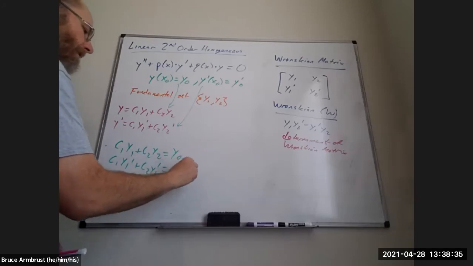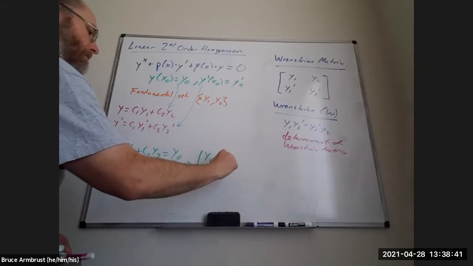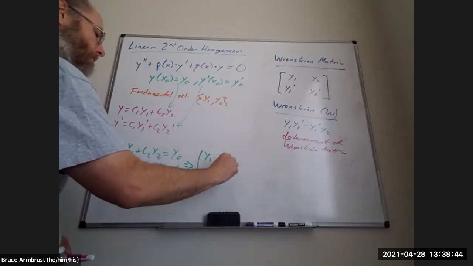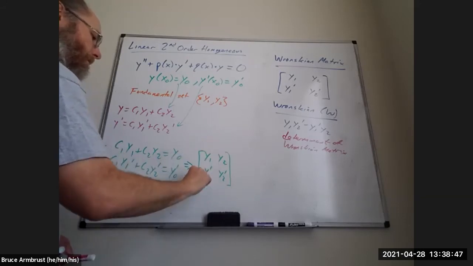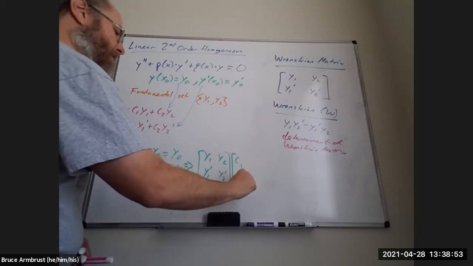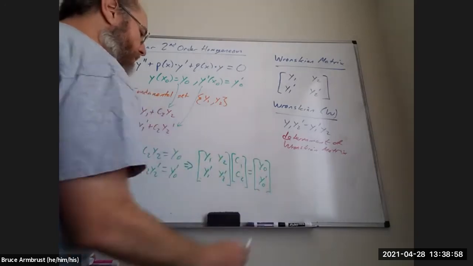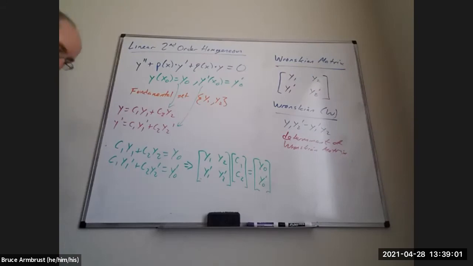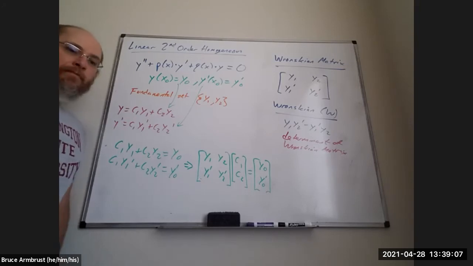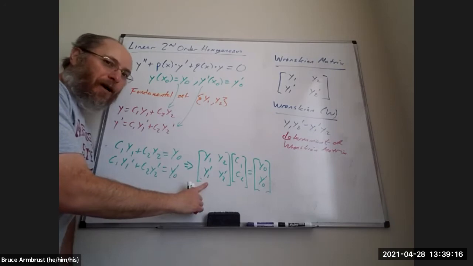And I can actually write this as a matrix equation: y1, y2, y1 prime, y2 prime times c1, c2 equals y naught, y naught prime. Here is where you go, oh, there's the Wronskian matrix.